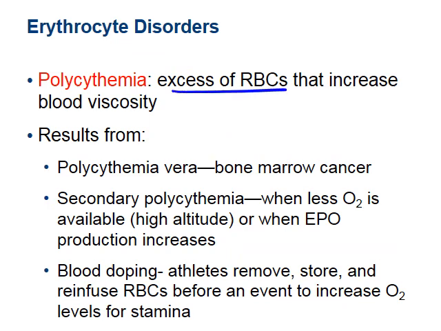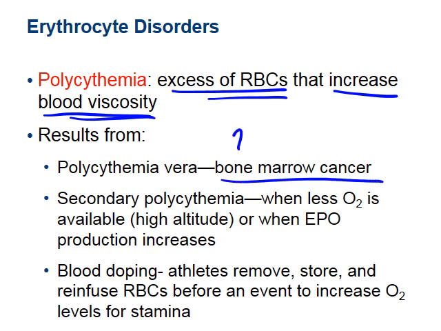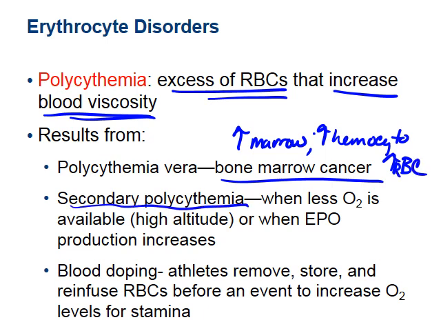You could also have excess red blood cells that increase blood viscosity, so polycythemia. So what happens if you have bone marrow cancer? If you increase marrow, that'll lead to increased hemocytoblast, which will lead to increased red blood cells. This is what I talked about just a moment ago, secondary polycythemia.